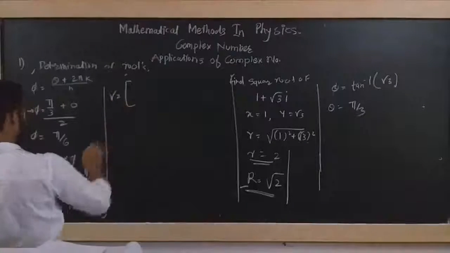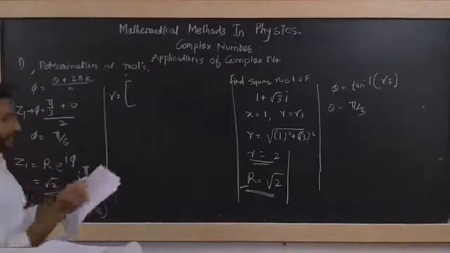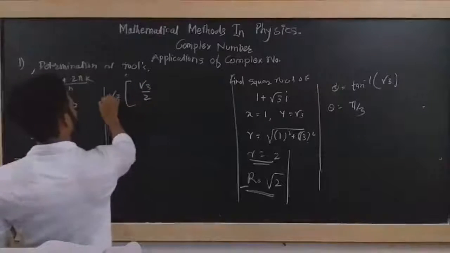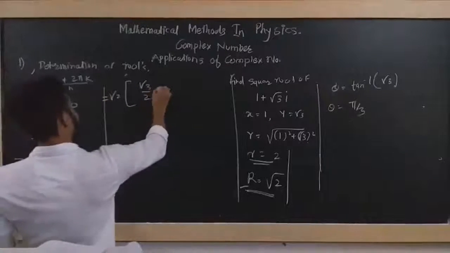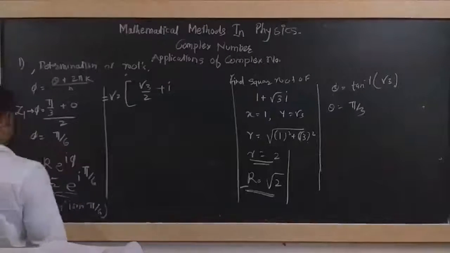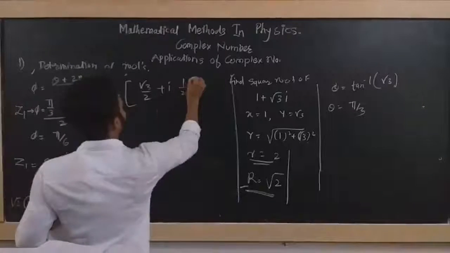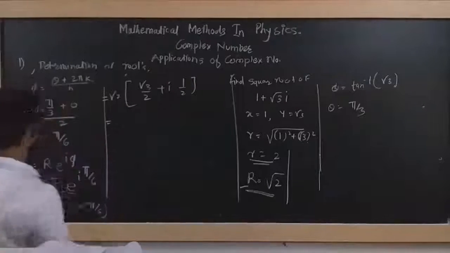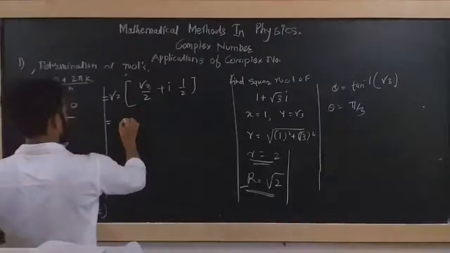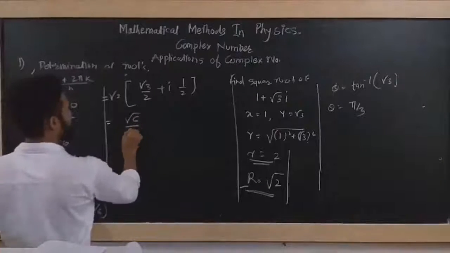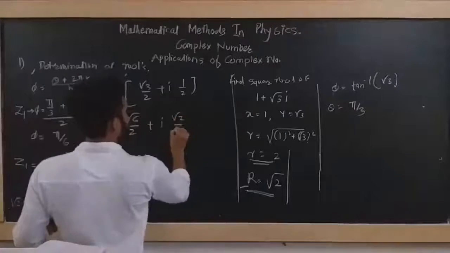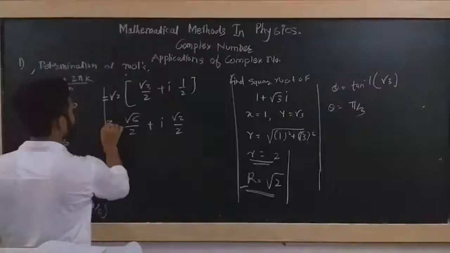Root 2 as it is, and cos pi by 6 you can get from the table, so the answer is root 3 by 2, plus i times sin pi by 6, which is 1 by 2. If you multiply, you will get the first root: root 6 upon 2 plus i root 2 by 2. This is the first root.